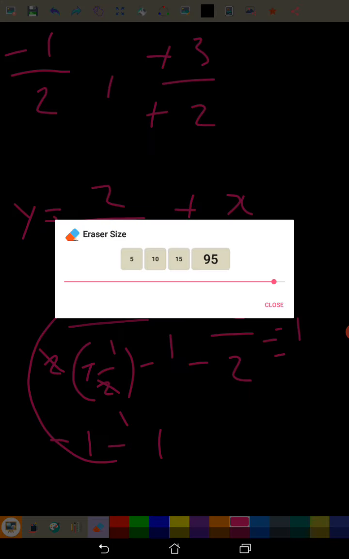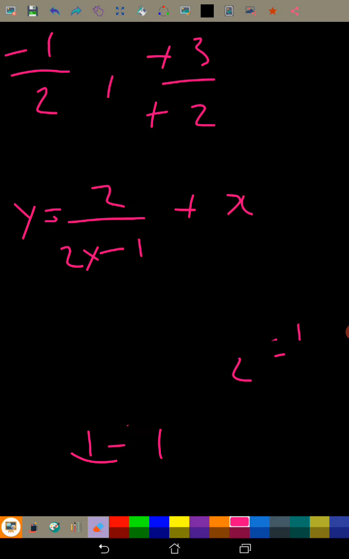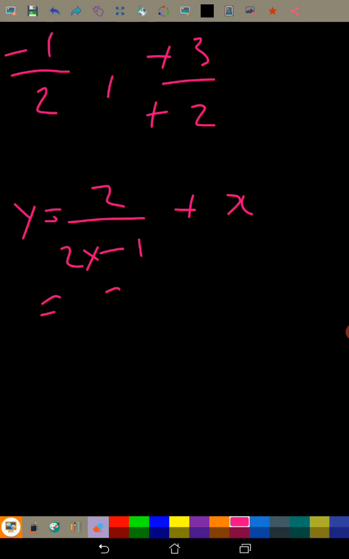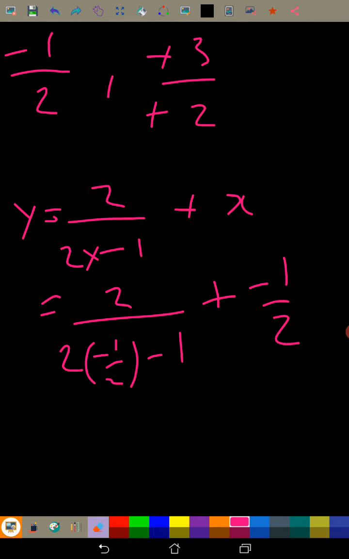Wait, let me redo this. So we have 2 divided by 2 times minus half here, minus 1, plus half here, plus minus half here. So we have, what do we have?